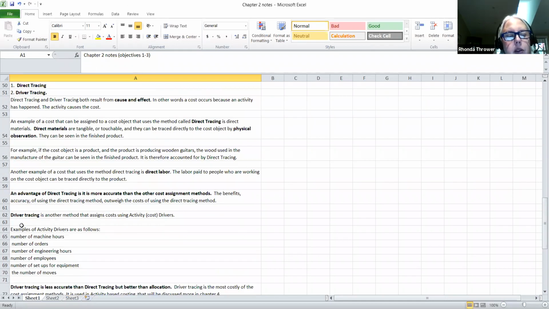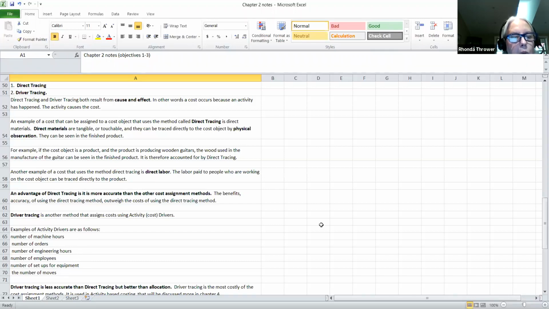The other method that we need to talk about is what we call driver tracing. It's another method where we can assign cost through activity cost drivers. These drivers are things such as the number of machine hours, the number of orders that we've taken, the number of engineering hours, the number of employees, the number of setups for equipment, the number of moves.